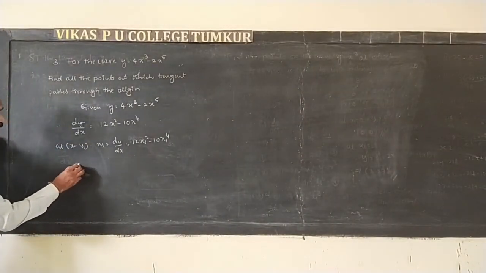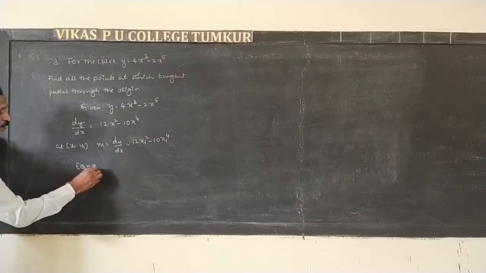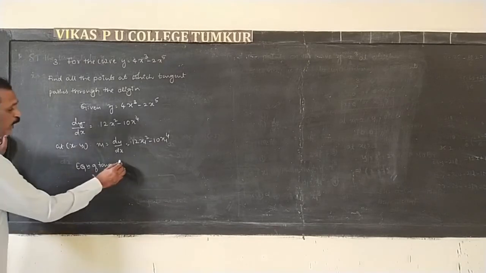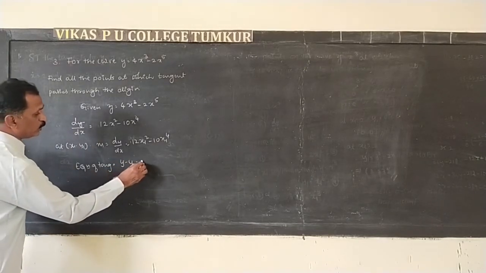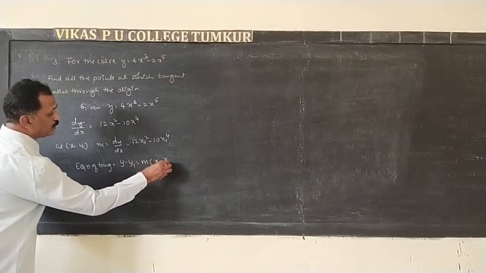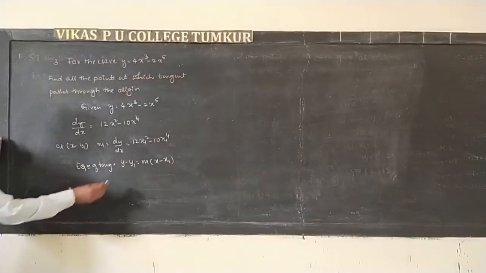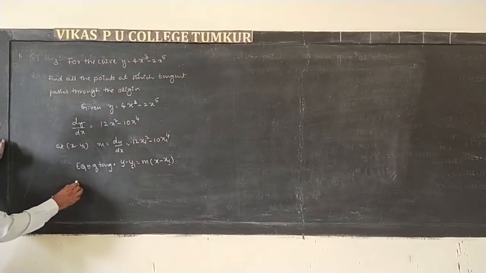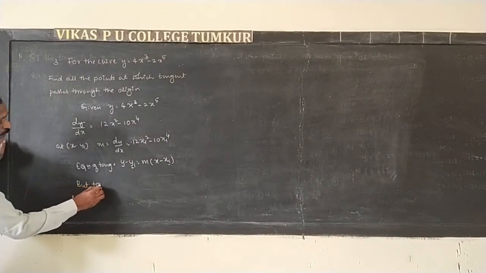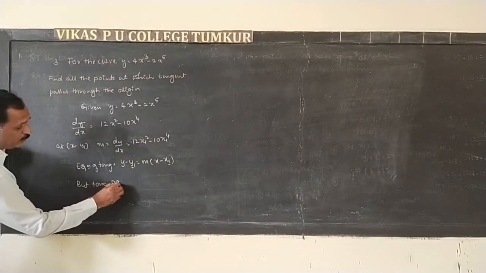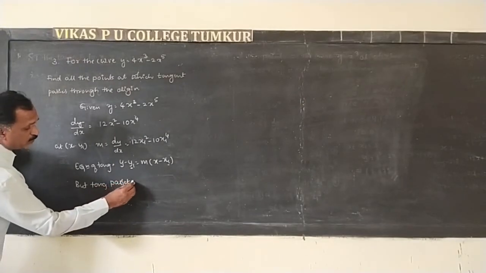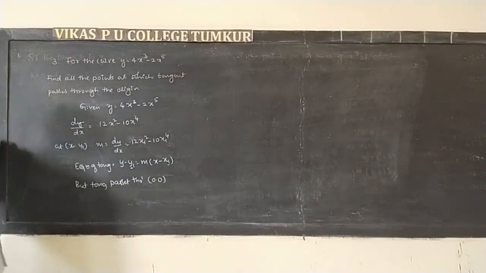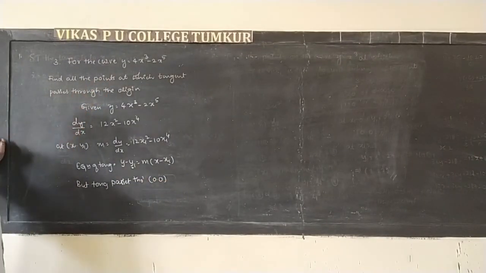Therefore, what is the equation of the tangent? It is y minus y1 is equal to m into x minus x1. Here I have to calculate what x1, y1 are. But remember, the tangent passes through the point (0, 0).